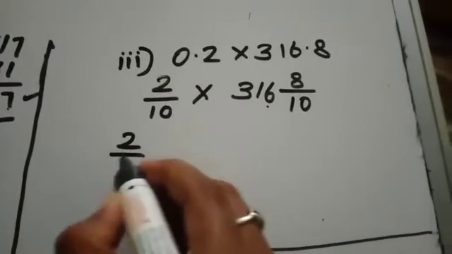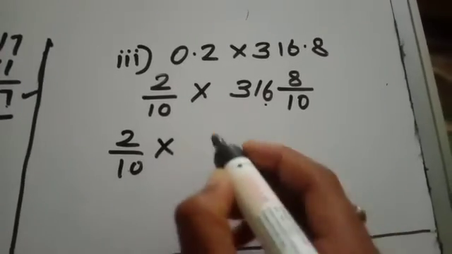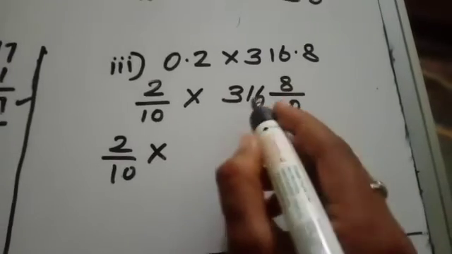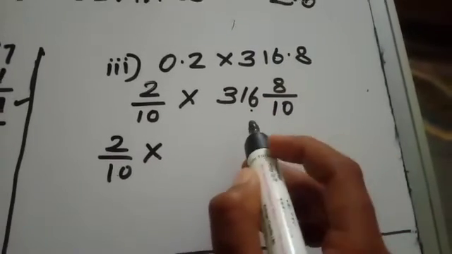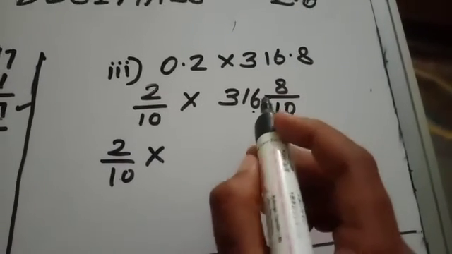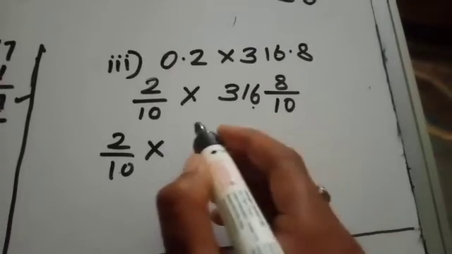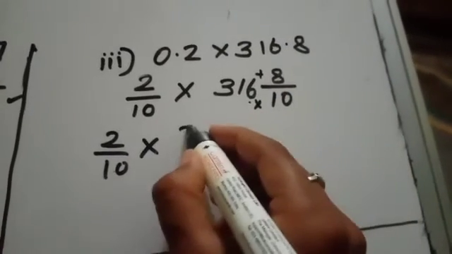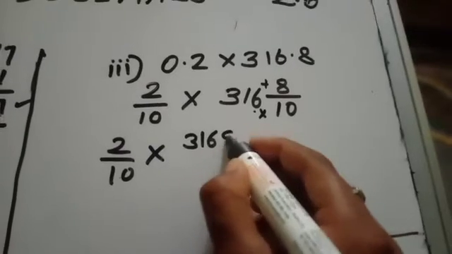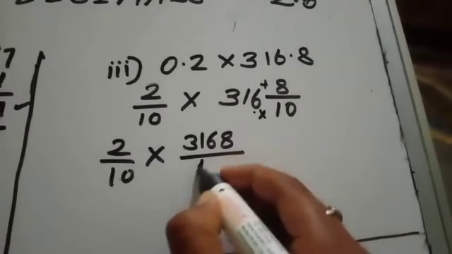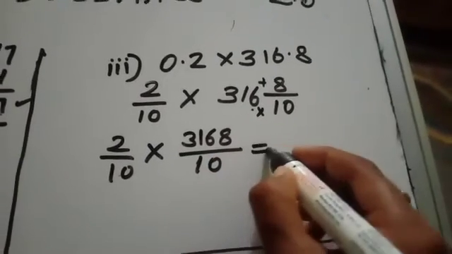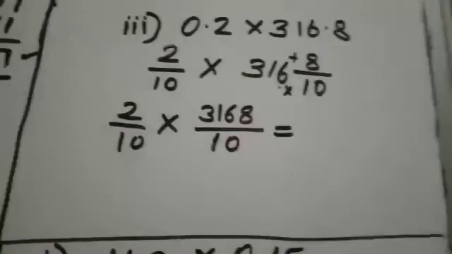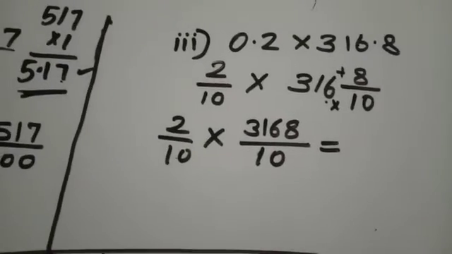Now 2 upon 10 multiplied by, let us convert mixed fraction into improper fraction. 316 multiplied by 10, you will get 3160 plus 8, then 3168 upon 10.